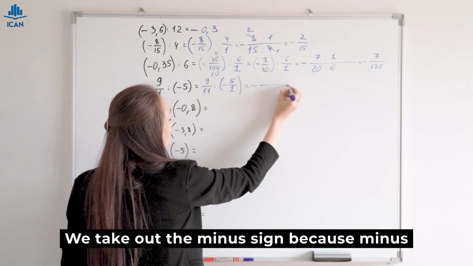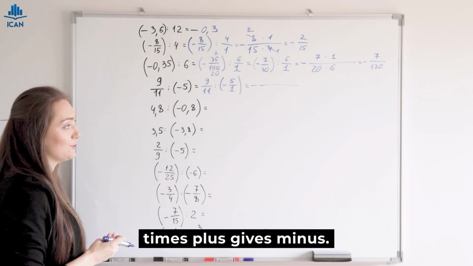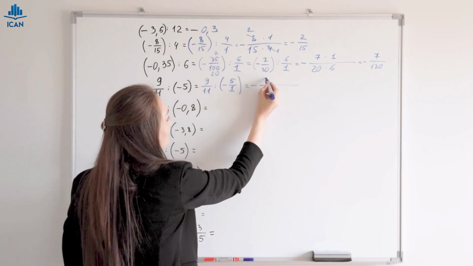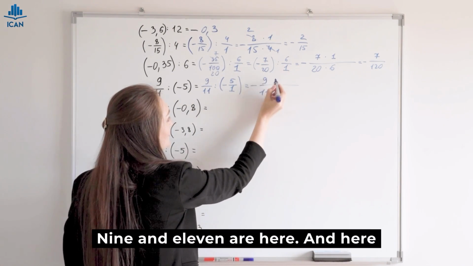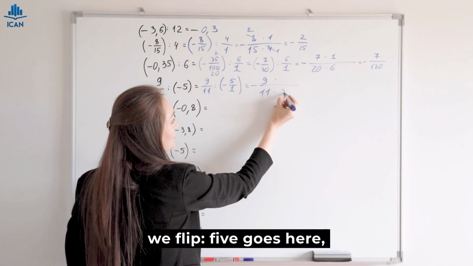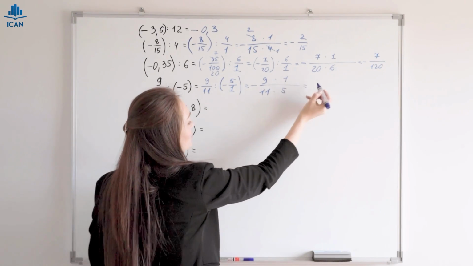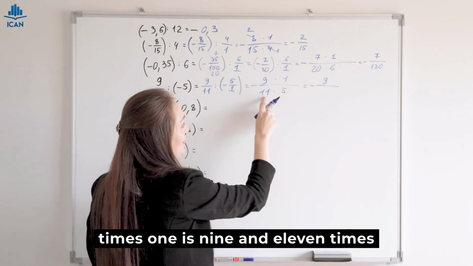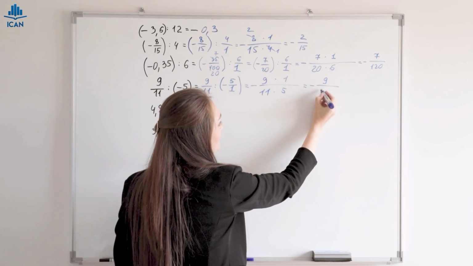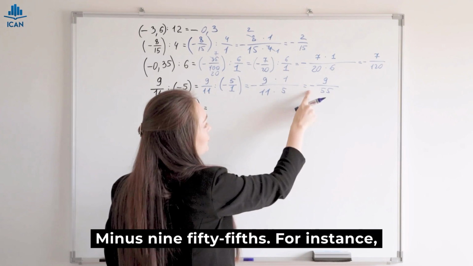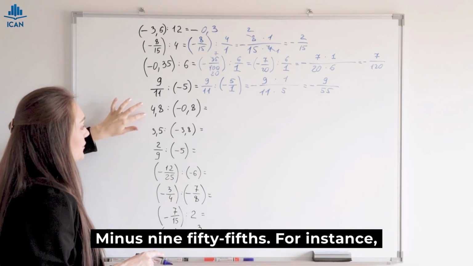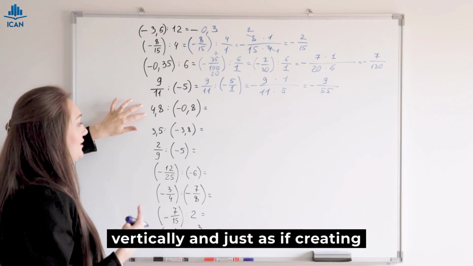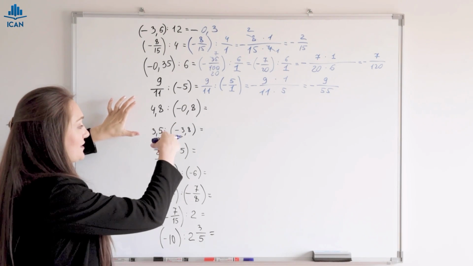We take out the minus sign because minus times plus gives minus. 9 and 11 are here, and here we flip. 5 goes here, 1 goes here, good. Minus 9, yes, because 9 times 1 is 9, and 11 times 5 is 55. Minus 9/55.